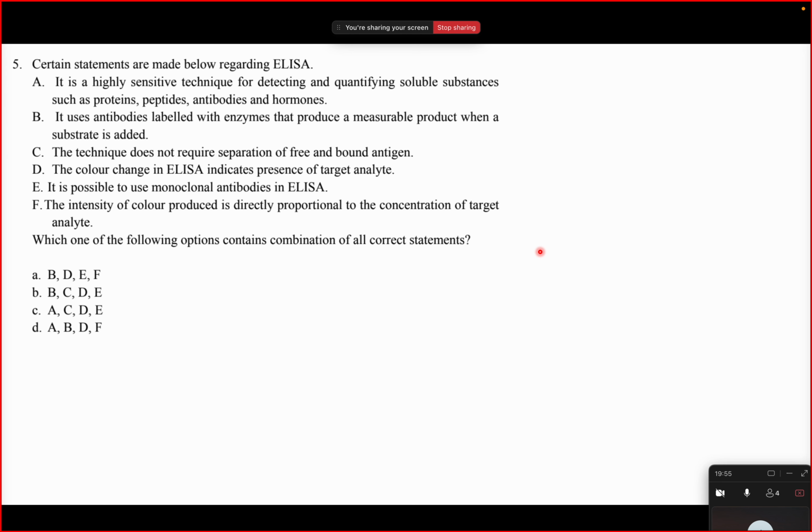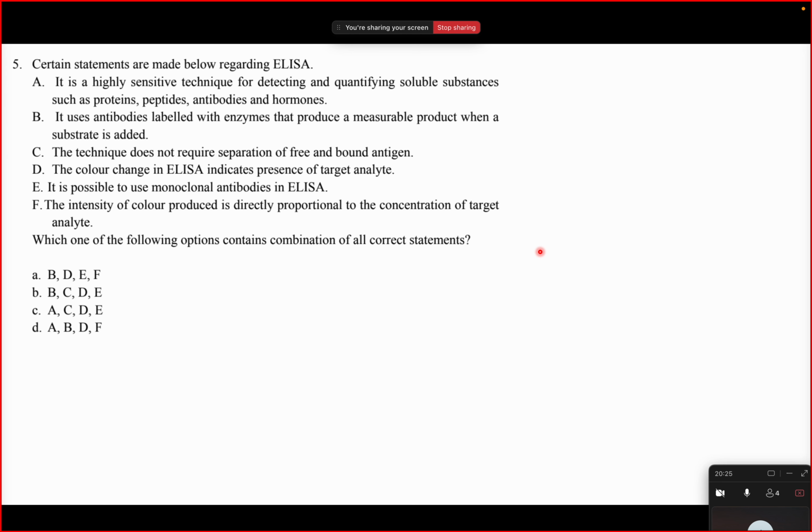C, the technique does not require separation of free and bound antigen. D, the color change in ELISA indicates presence of target analyte. E, it is possible to use monoclonal antibodies in ELISA. F, the intensity of color produced is directly proportional to the concentration of target analyte. Which of the following options contains the combination of all correct statements?